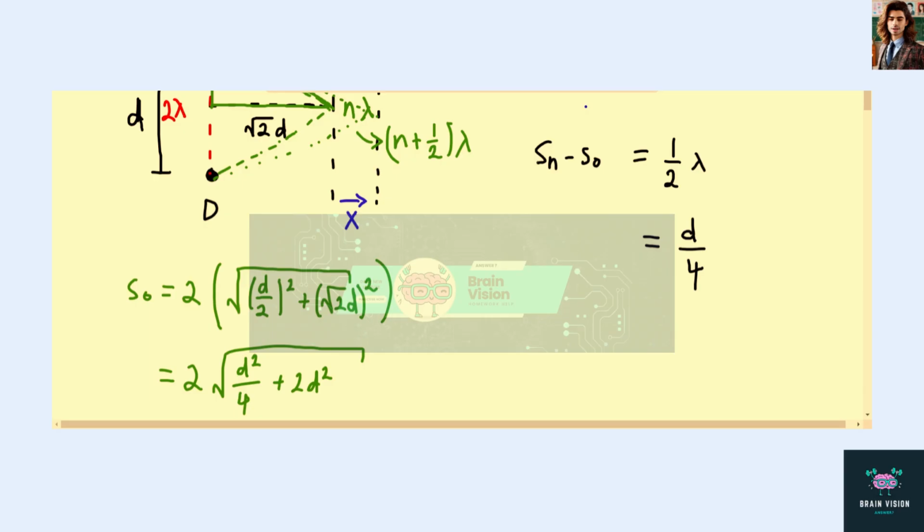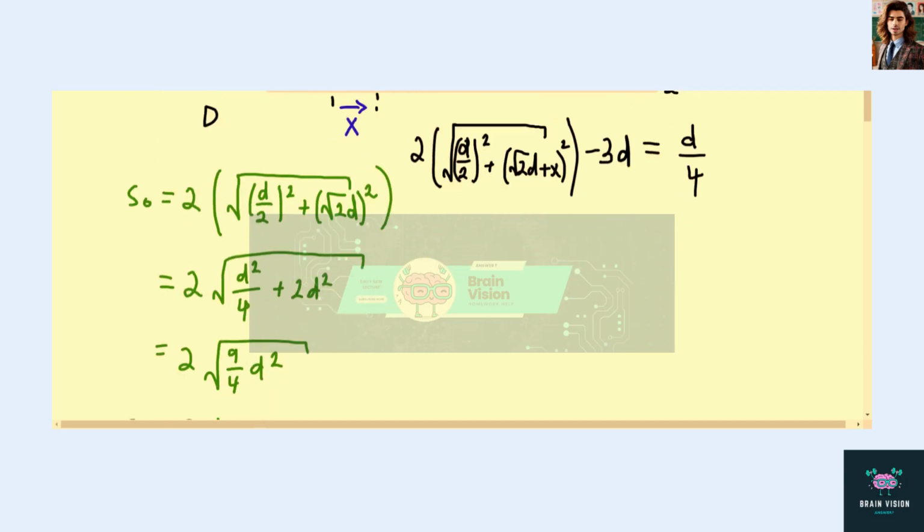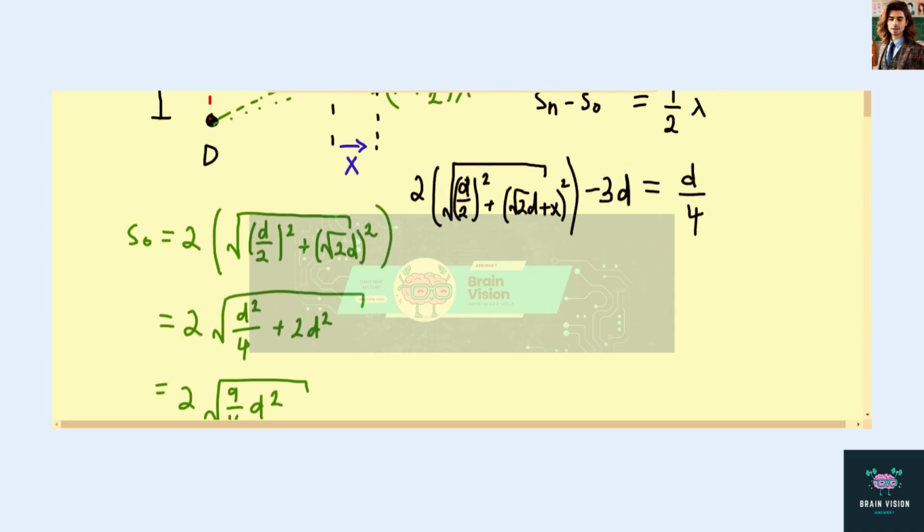So we're going to have 2 times the square root of d over 2 squared plus the square root of 2d plus x squared. And that's all going to be subtract S0, which we just found out is 3d. Yeah, 3d. Okay, perfect.